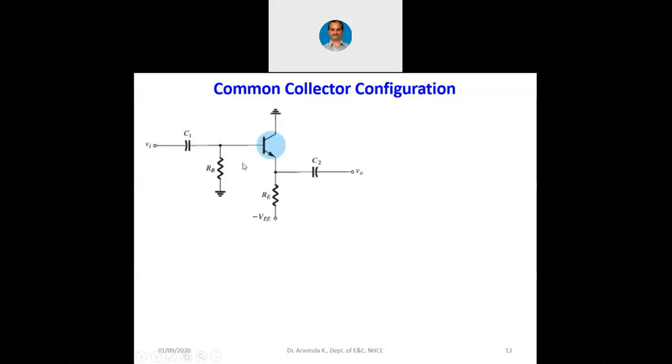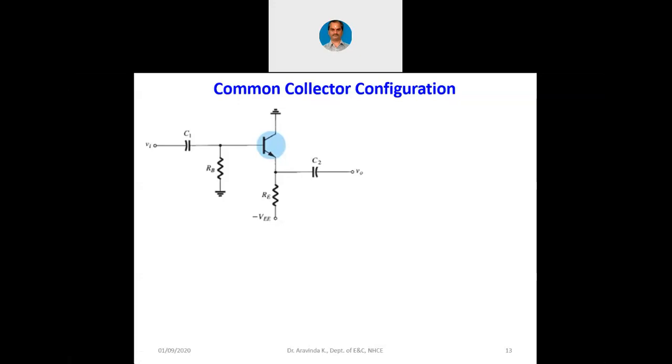And he has also shown Rb connected to ground. Now as collector is connected to ground, Rb is also connected to ground. It simply means that this Rb's other terminal is connected to the collector itself. That is why I told you this is a different style of writing circuitry. Otherwise, the circuit is the same.